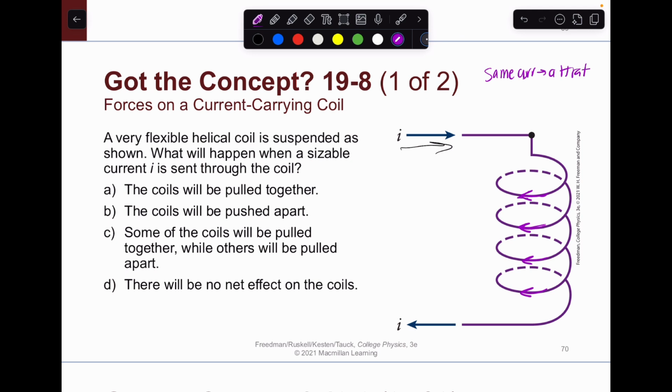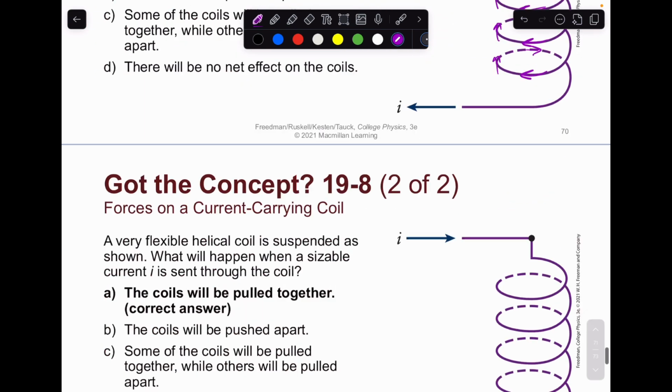If we look at it here, the current is going into the page right here. And so again, you have parallel currents. So all these parallel currents are going to generate an attractive force between the wires, and the coils will be pulled together. So it's a pretty interesting problem.